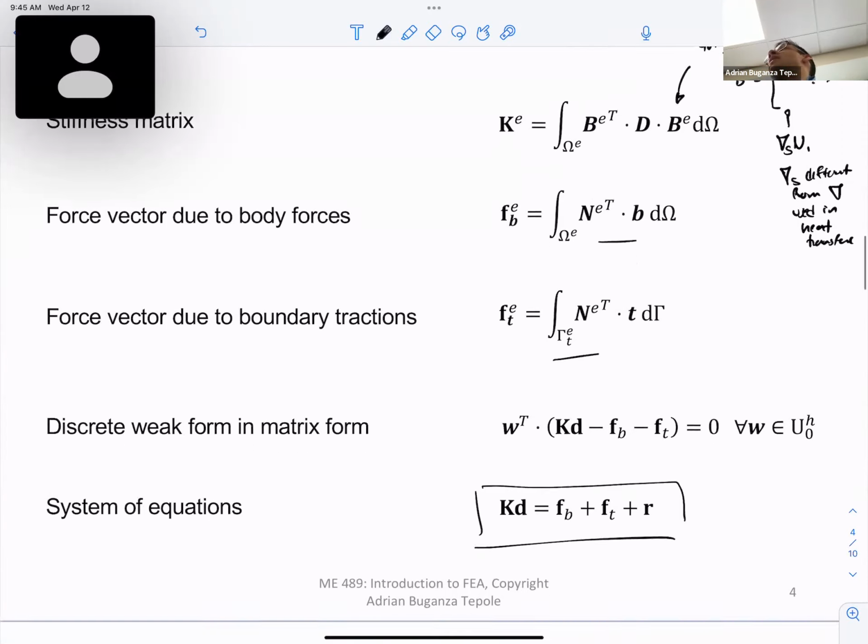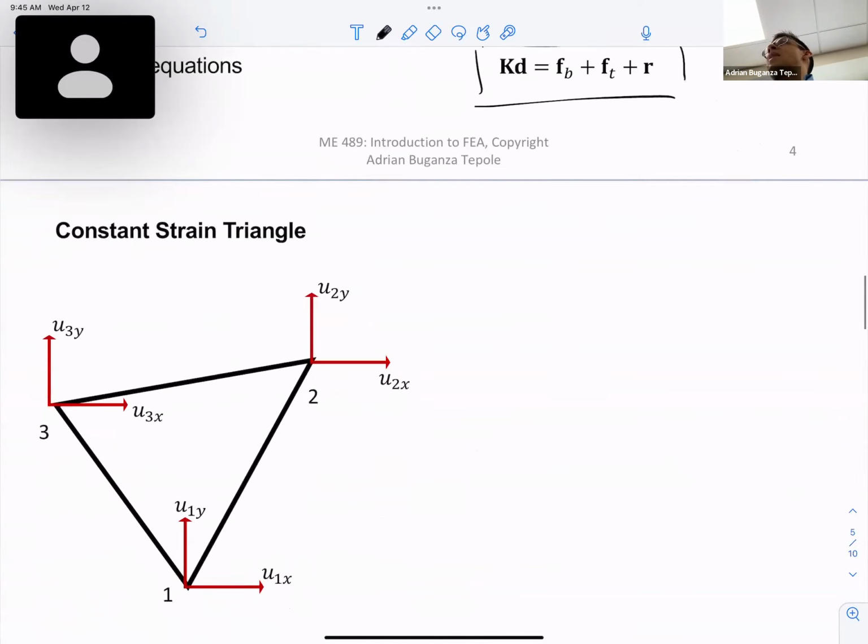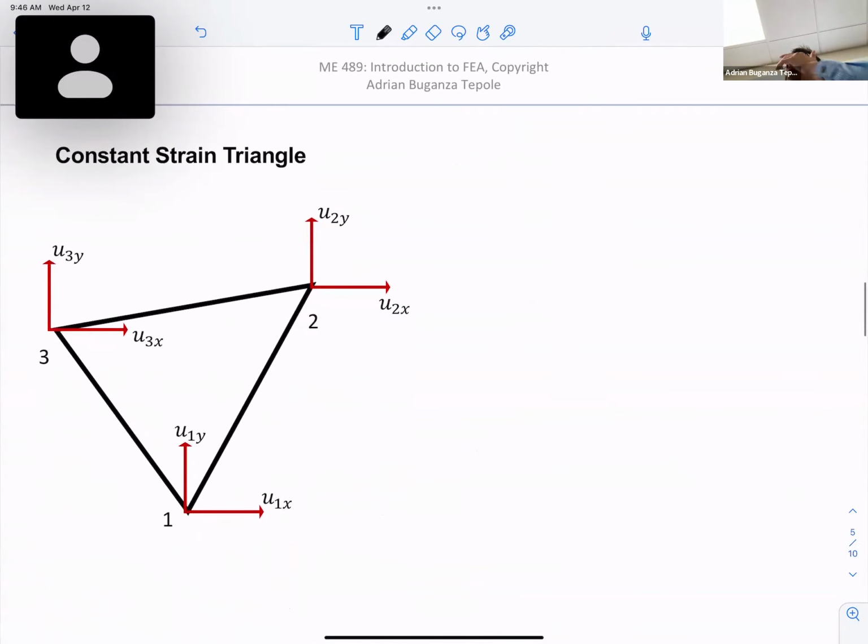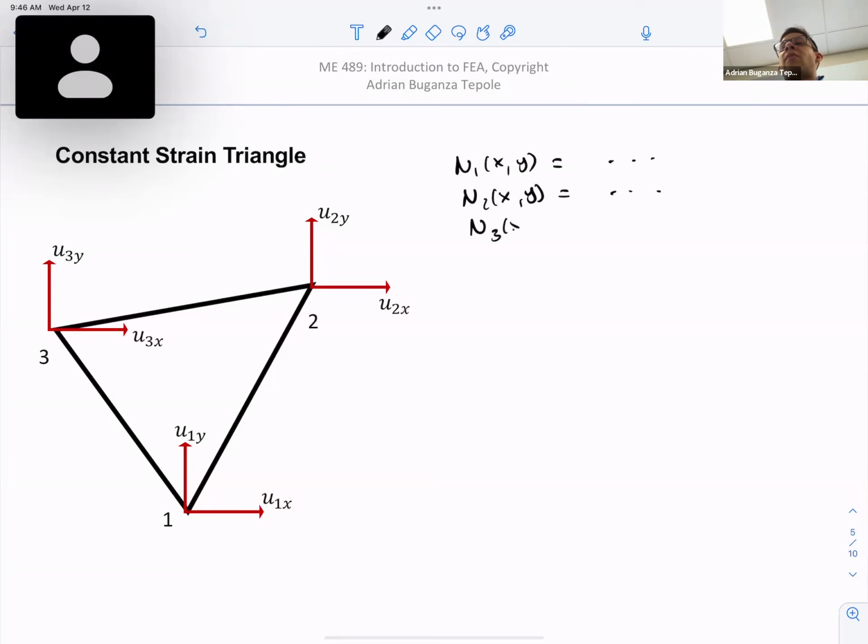We are going to do it for the constant strain triangle. For the constant strain triangle, the shape functions are the ones that we have used before. I don't think I put them in slides, but there are shape functions that are directly functions of x, y. I don't remember them by memory, but they are in some of the previous notes.